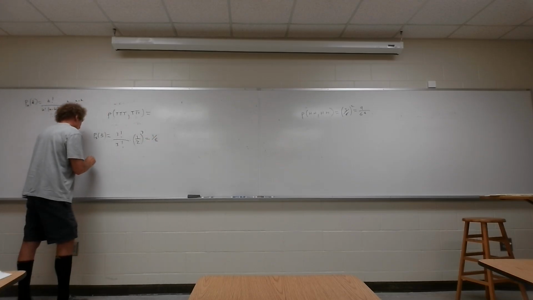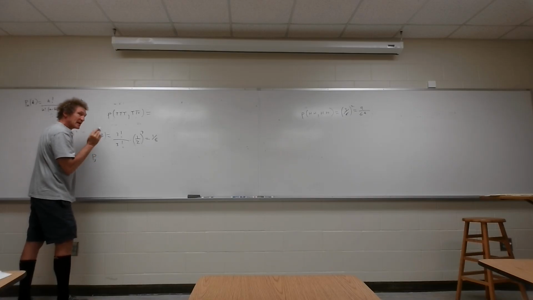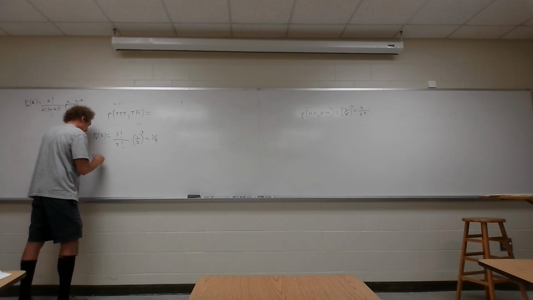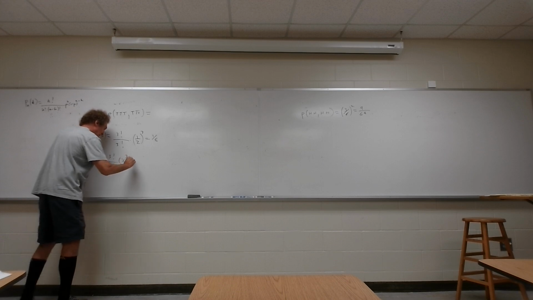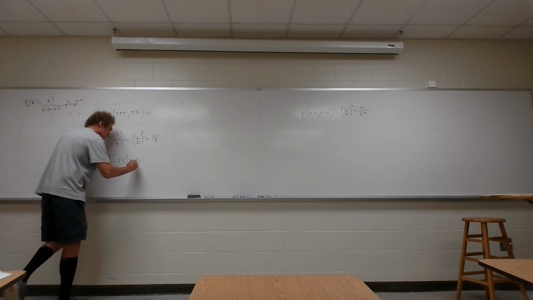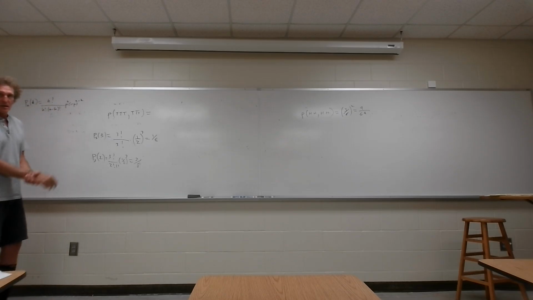Now the probability of the second guy throwing exactly 2 tails, we just did that one, but that's 3 factorial over 2 factorial, 1 factorial times 1/2 cubed, and that is going to be simply 3/8, right? You all agree with that? I'm not trying to irritate you with this.